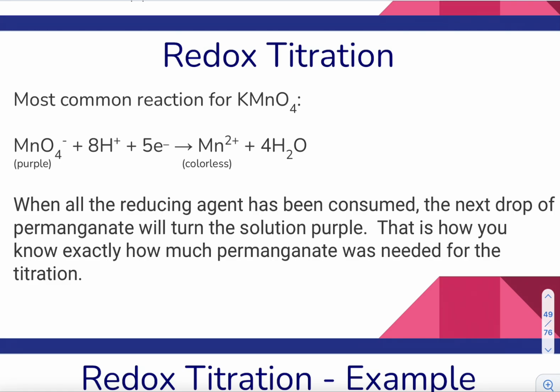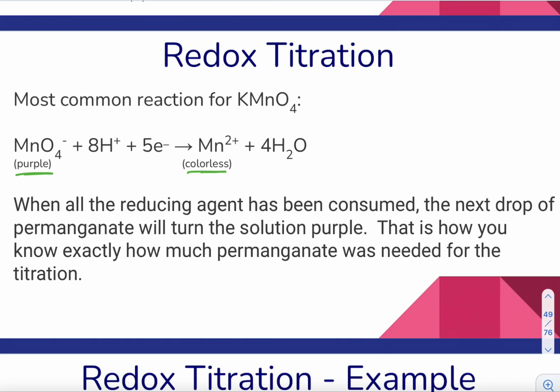So when you have potassium permanganate in solution, it's going to be MnO4-, which has a purple color. And then when all of that is used up, we're going to have Mn2+, which is colorless. So that's what's nice about this, the KMnO4, because you can see the change without an indicator, okay?